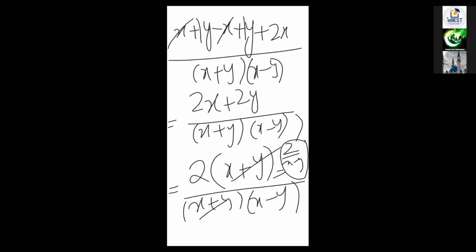Okay? Okay. Now, wait, I have a question. What do you do with the 2x at the end? Does it get cancelled? Yeah, it was x plus y minus x plus y plus 2x, that one.